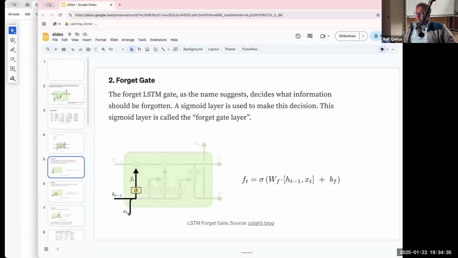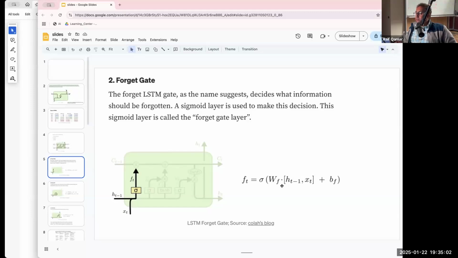And then x_t is the input at a point of time t, right? And what it is doing here is, the forget gate f_t is a sigmoid function of a learnable weight. W_F means, when you see W, it's a weight given to some neural layer.